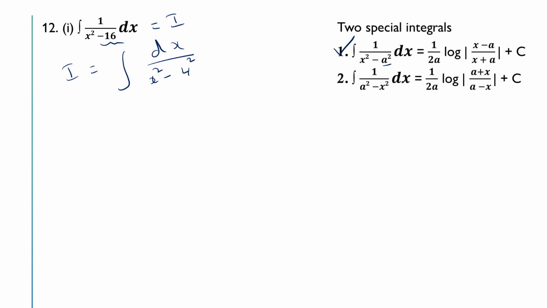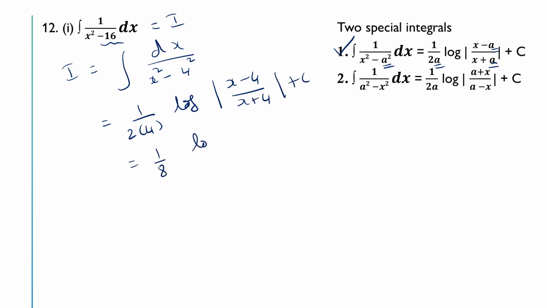Here a is 4. So in place of a we have to substitute 4. So this is equal to 1 by 2 into 4 log mod x minus 4 upon x plus 4 plus c. So this is equal to 1 by 8 log mod x minus 4 upon x plus 4 plus c.